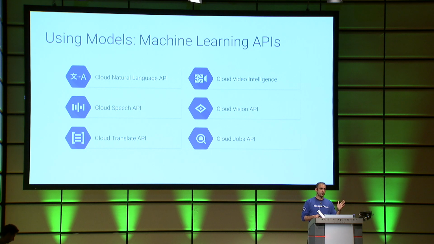There's a Speech API for speech to text. There's a Translation API. And there's the Vision API that I'm going to show you today. You pass in an image, and it tells you everything about that image that it can. And there's more and more coming. Every 3 or 4 months, there's a new machine learning API, or a new feature gets added. So these are the easy ways of using machine learning on Google Cloud.